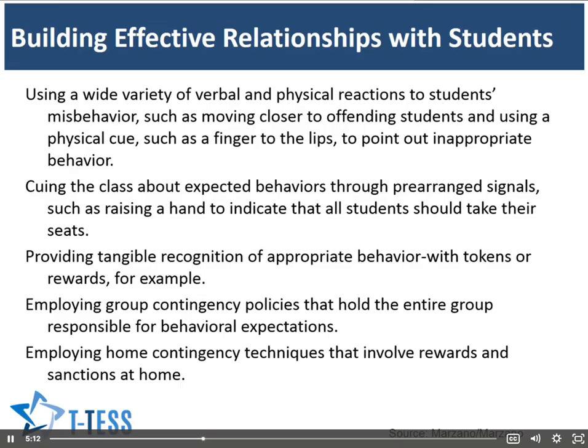Once again, research consistently shows that the relationship between the teachers and students plays a significant role in classroom and student behavior management, and those teachers that have a high quality, respectful relationship with their students have fewer classroom problems.